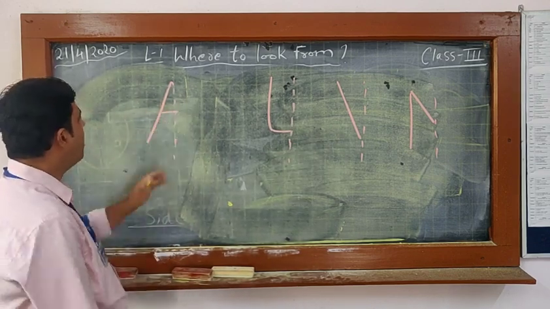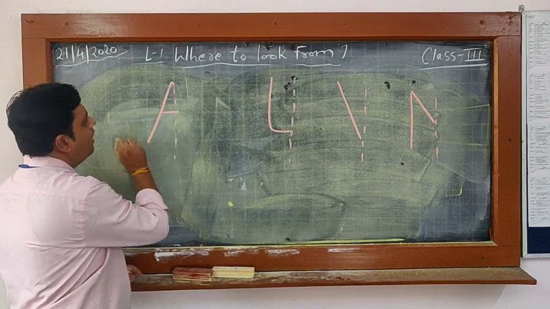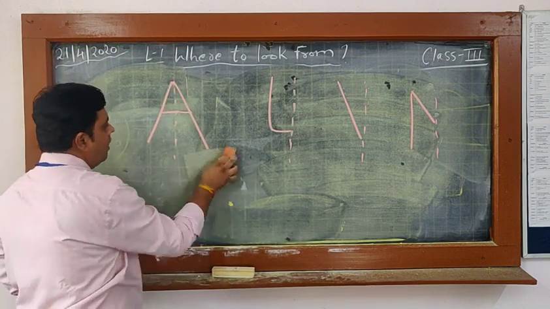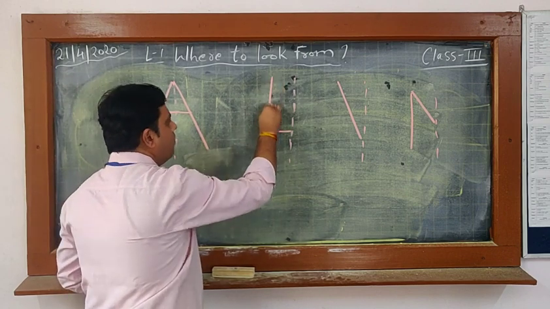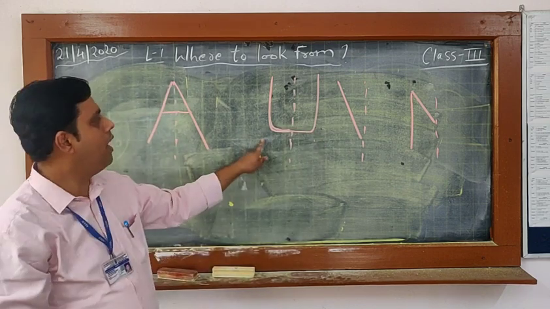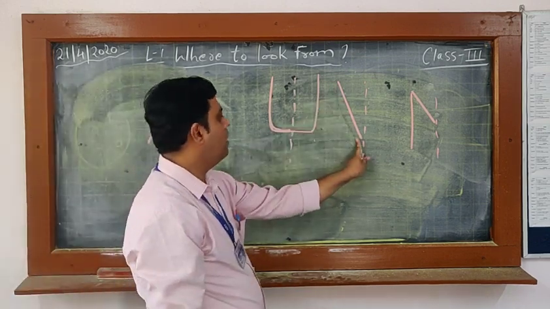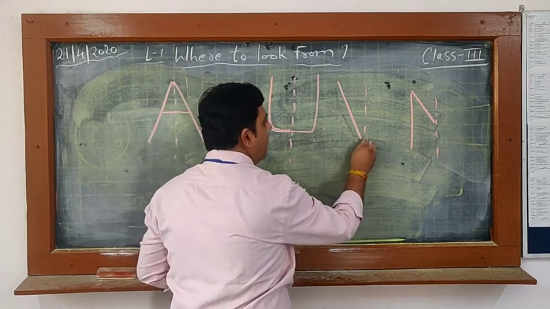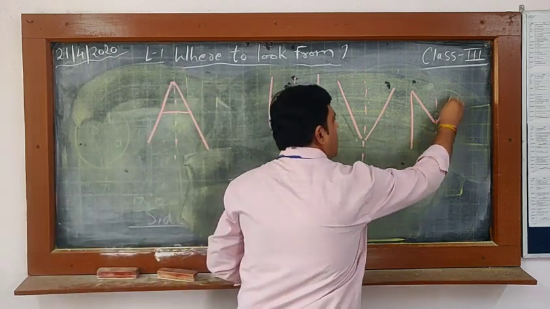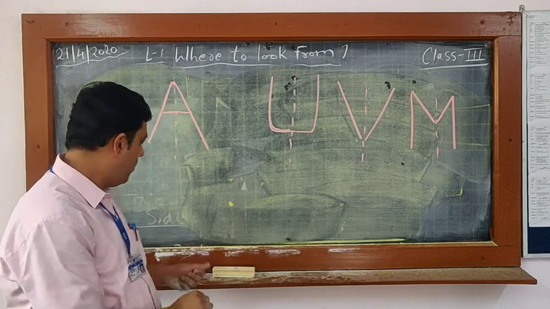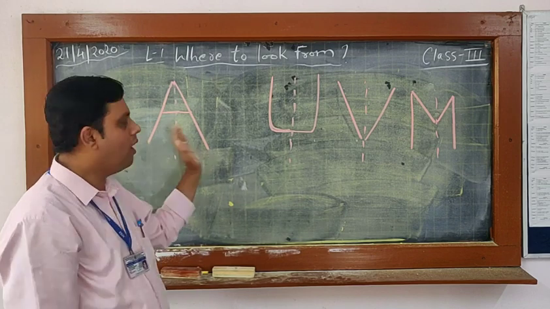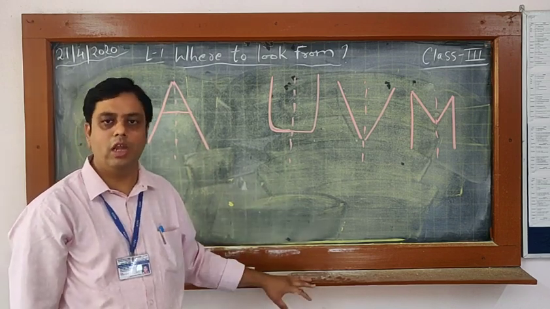If we see the first half, the same we will draw here. This line is here, the same line we will draw here. So we will get alphabet A. Same, see here. Now the same line we will draw here. So it will be alphabet U. This slanting line is there, the same slanting line you will draw in this way. So we will get alphabet V. And here also it is M. In this way, some names are also given. We have to draw the other half of these alphabets and get the name also.